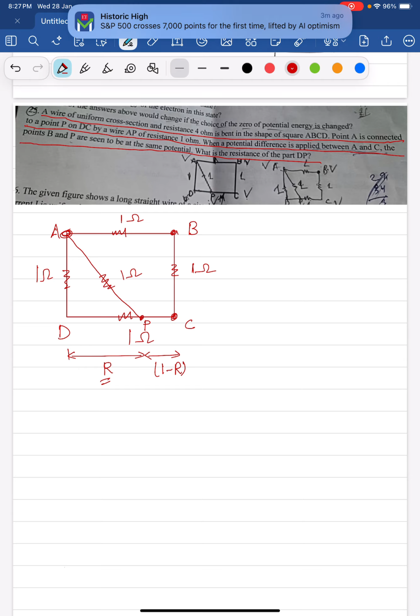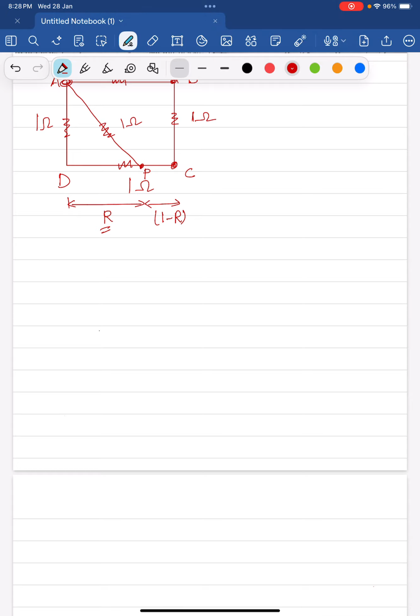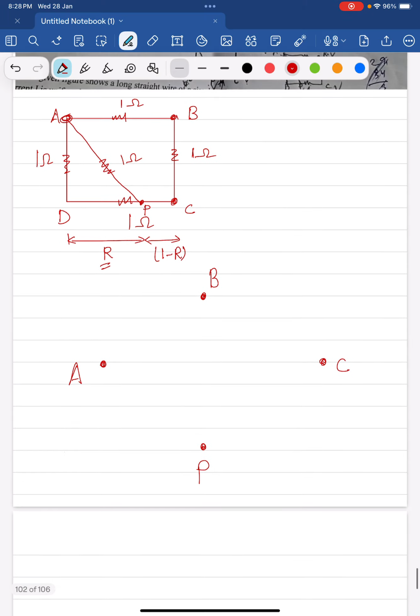So first of all, we will convert this circuit diagram into a simple circuit. Let us suppose this point is A, this point is B, this point is P, and this point is C. Resistance between point A and B is 1 ohm.